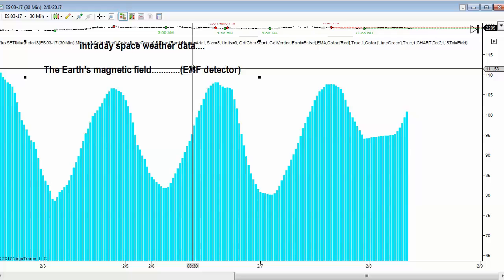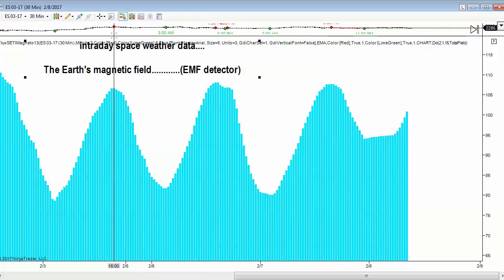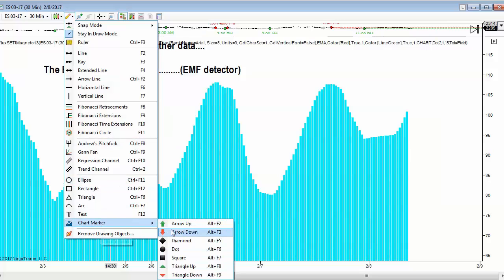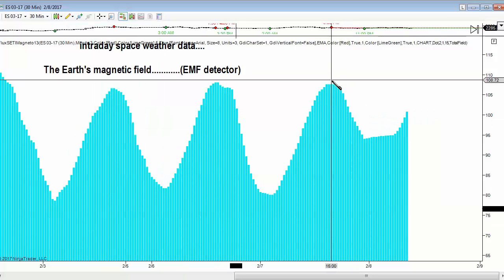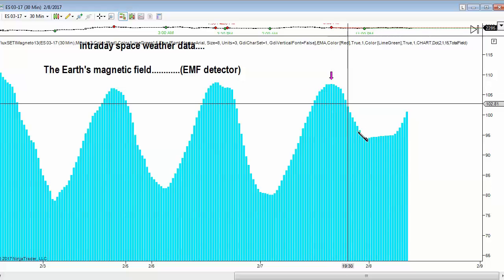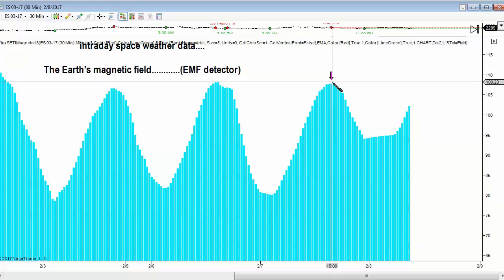Little variations. And so we instructed the programmers to build us a tool. And just like the flux histograms, we told them to do very specific things. We said, Gary, when the magnetic field hits a high and starts to drop away, we want to put a red dot on the bars.